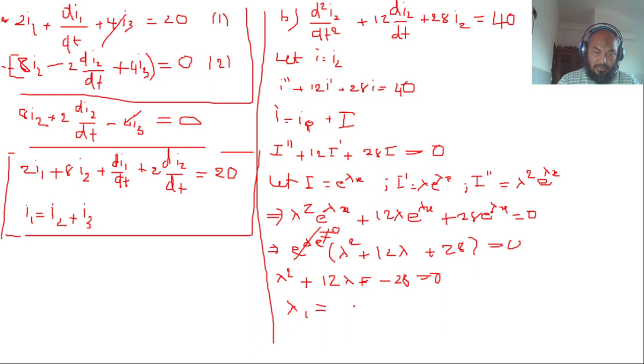Lambda 1 is equal to, please do it by yourself. I find it's 0.16 and lambda 2 I find it's equal to minus 12.16.